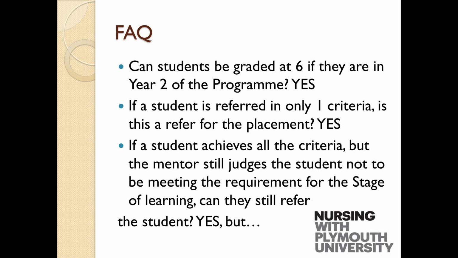We also have situations where a student is assessed as having achieved all of the criteria, but the mentor still judges the student not to be meeting the requirement for the stage of learning. Can they still refer the student? Yes, but this is sometimes more complex because when you read through the criteria for assessment, it's very unlikely that a student who is at a point of refer will be meeting them all at the defined grade required.